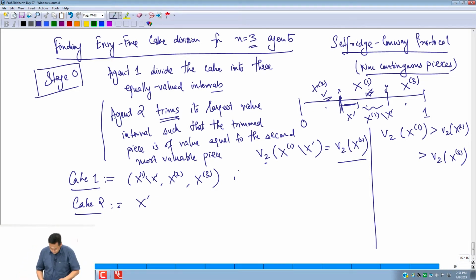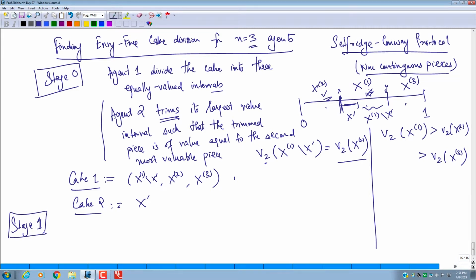So, okay, these are my two cakes, and let me get to stage 1, which addresses cake 1, and it's pretty much the kind of observation that we had made, which is that player 3 chooses first.